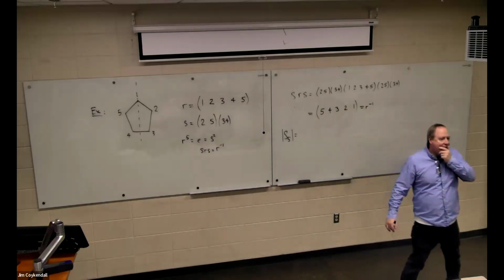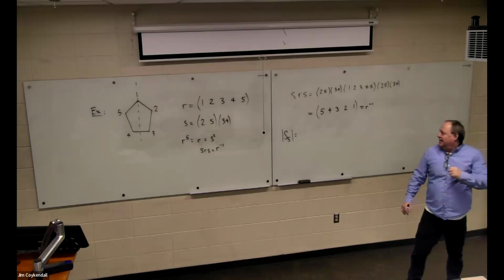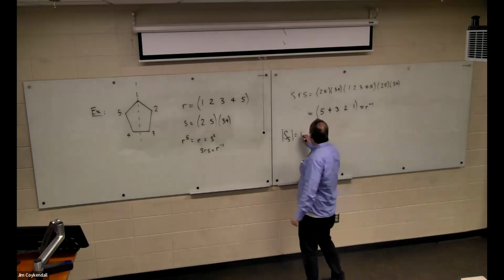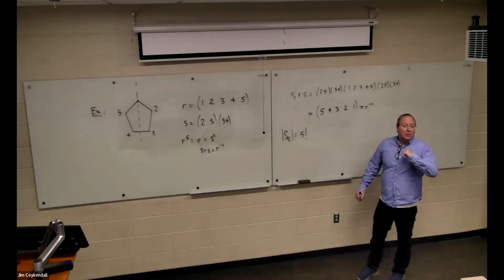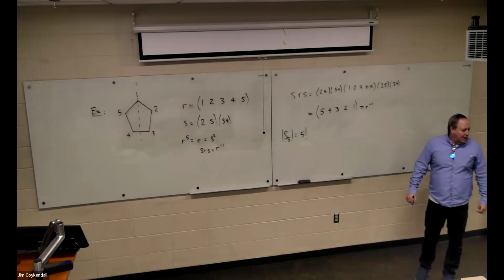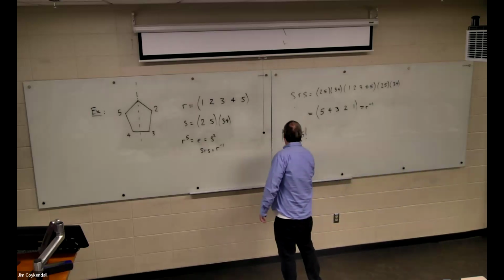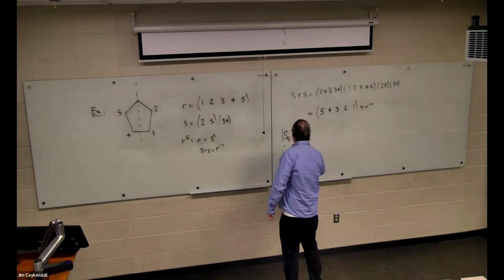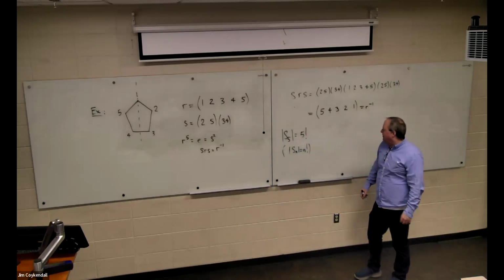Say it loudly. 10. Oh, you're thinking the dihedral group, right? S5 is 5 factorial. In fact, in general, the number of elements in that set is n factorial because it's all bijective functions from n things to itself.